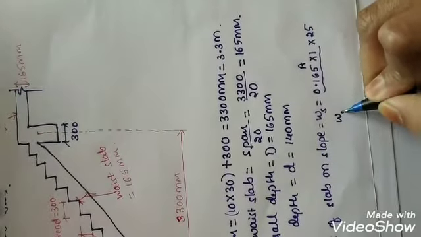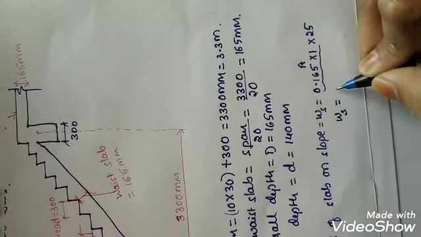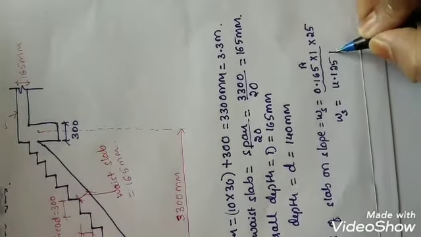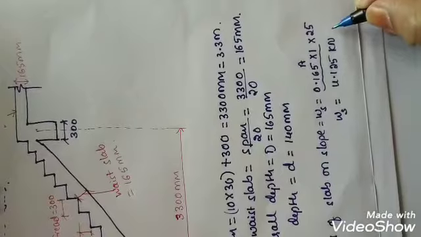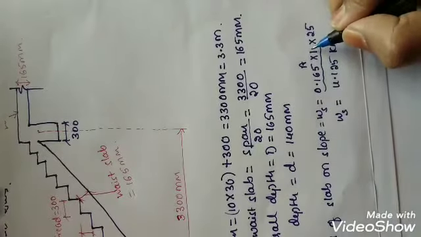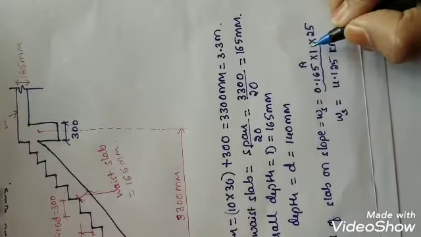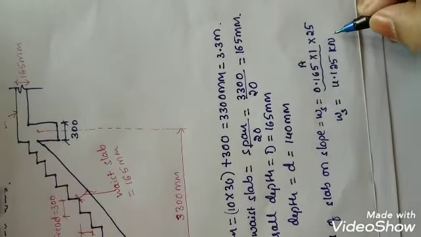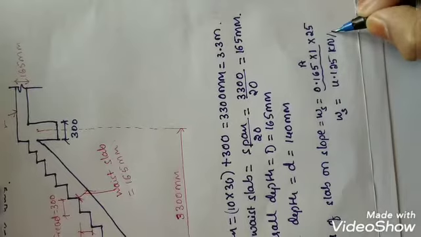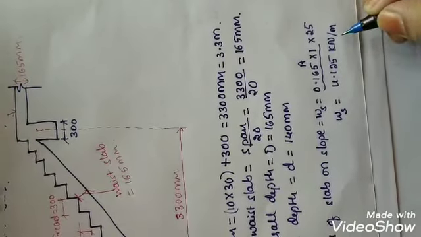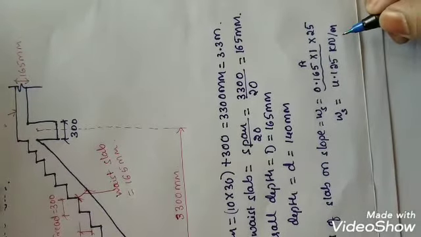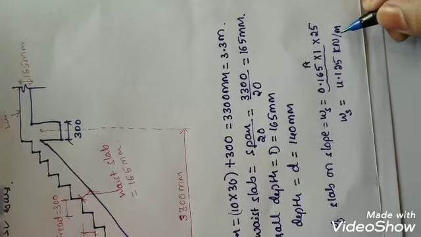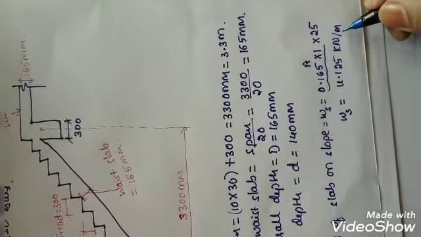Therefore the value of WS is equal to 4.125, and this we have calculated for per meter width, that's why here also we have taken 1. So 1 is nothing but 1 meter, and the unit I will write as kilonewton per meter. Load usually has a unit of kilonewton. We have taken it for per meter width, so that's why I have given it as kilonewton per meter width.